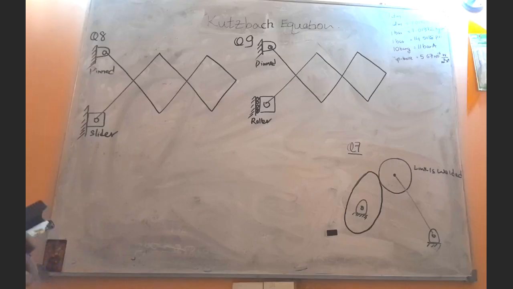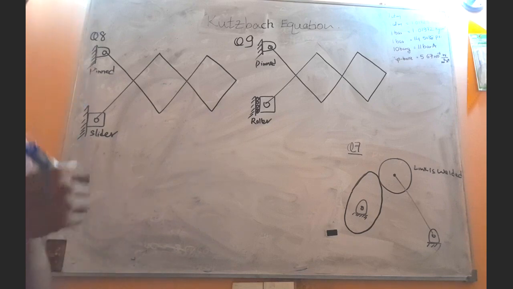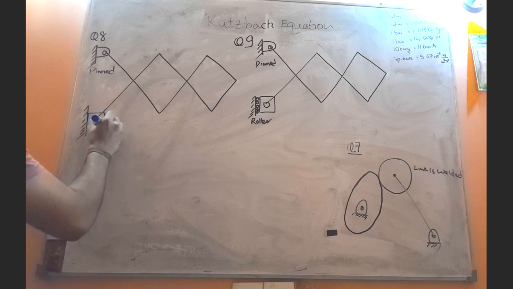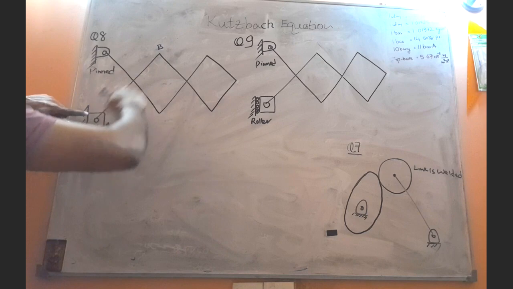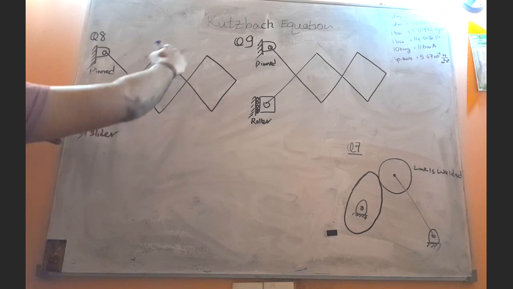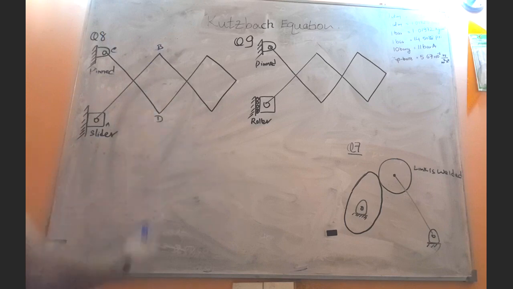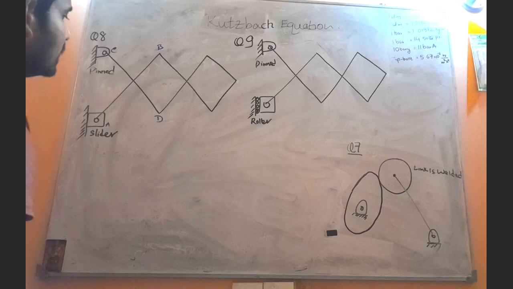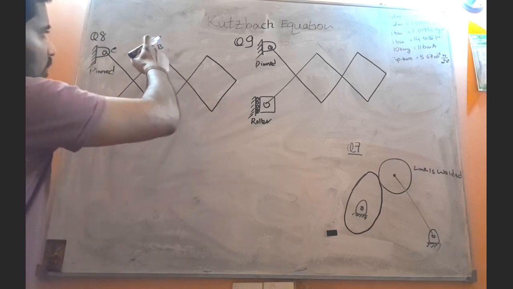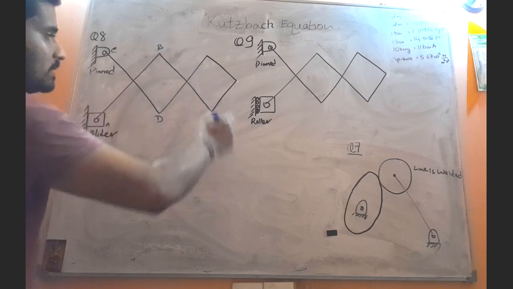Now, first of all, let me label the links. A, B, so this is one single link, AB. Then link CD. AB, CD. Then BE, so this is link BE.